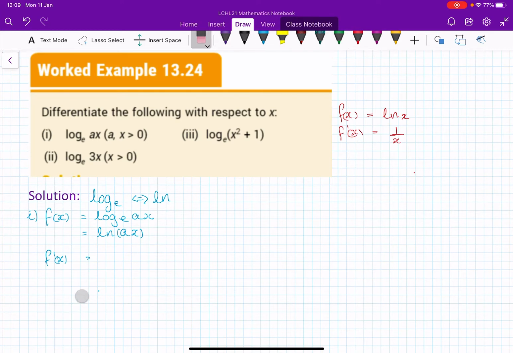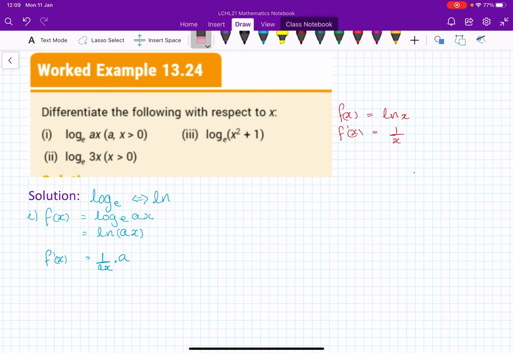If we differentiate ln, we get 1 over whatever it is that we're looking at. So it's going to be 1 over what's in the brackets, which is ax. Then we multiply that by the derivative of the ax. And if we differentiate ax, we get a, because remember, a is a number.